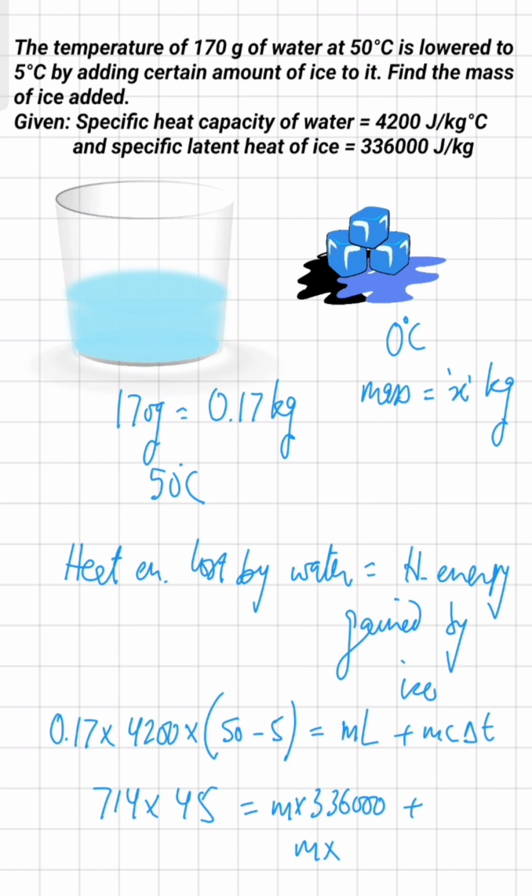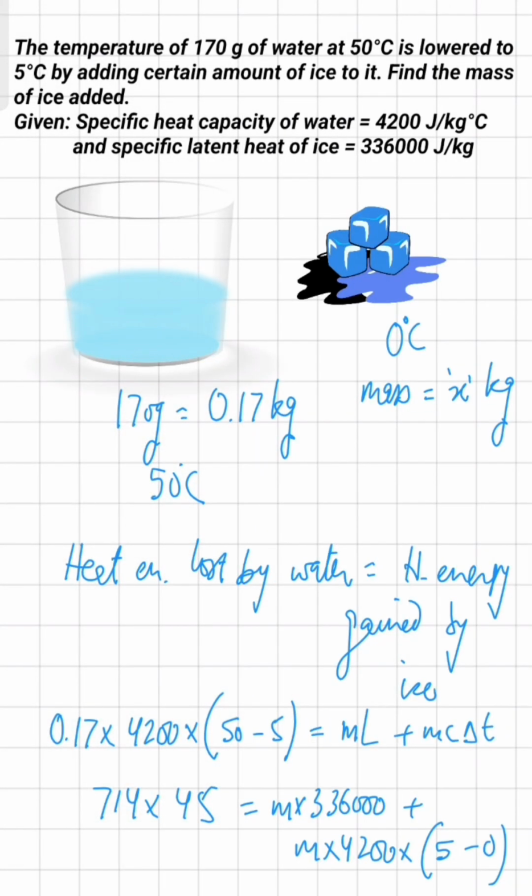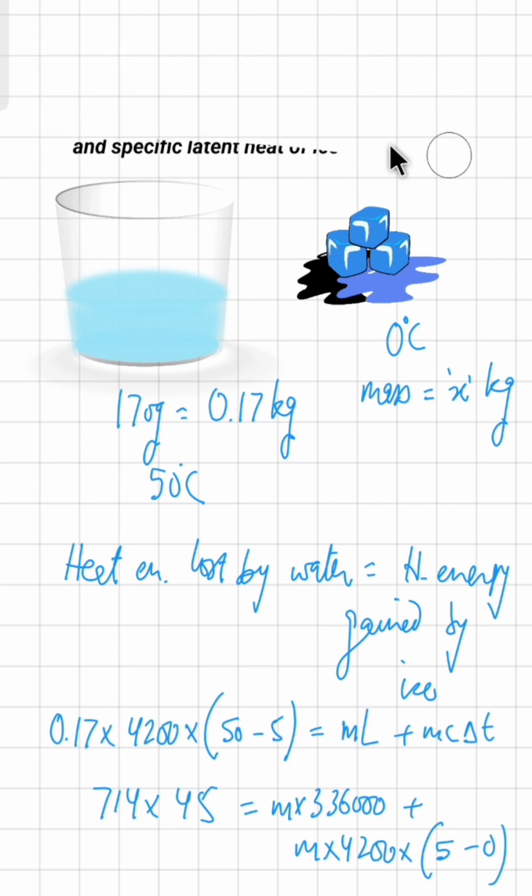So we should use the specific heat capacity of water, so it is 4200. And for the change in temperature, the temperature of ice when it melts and becomes water is 0 degrees Celsius, and it has to become 5 degrees Celsius, because the final temperature of both the bodies should be the same. So from 0 it has to go to 5. The difference between 0 and 5 is 5. Or you can write 5 minus 0 and solve it in the next step. I hope you have got it. Please check all these steps. If there is any confusion, you can ask me. You can write your doubts in the comment section.